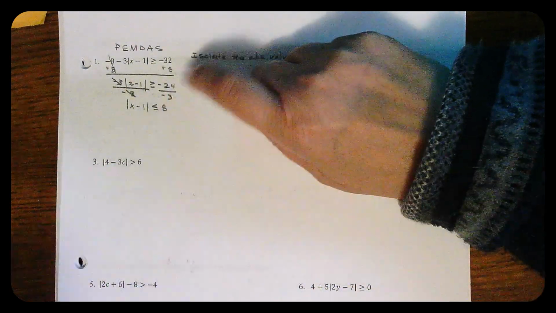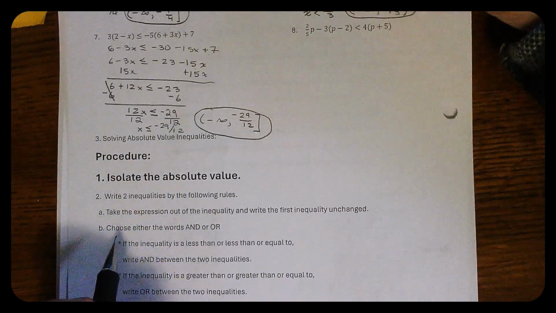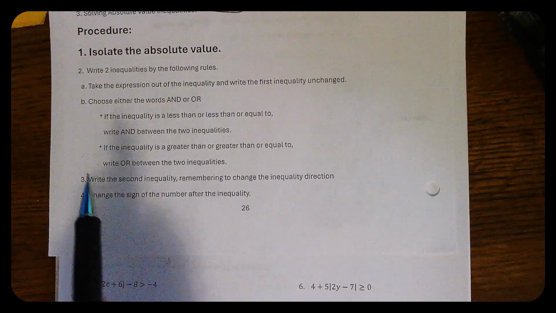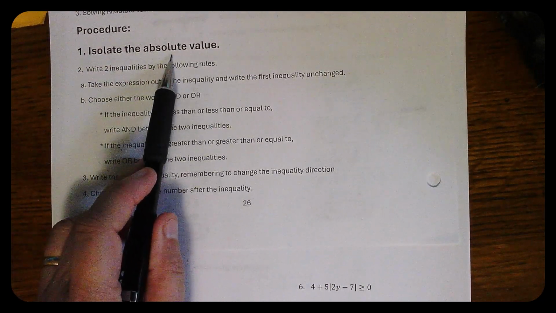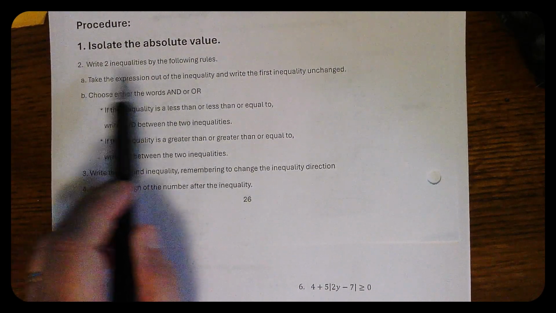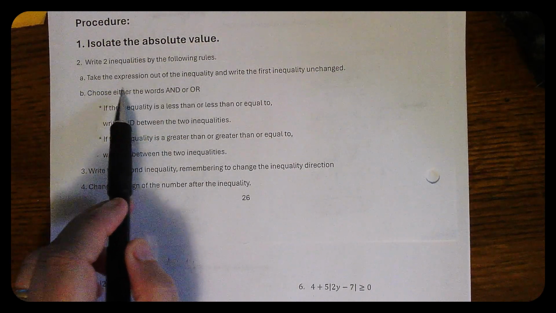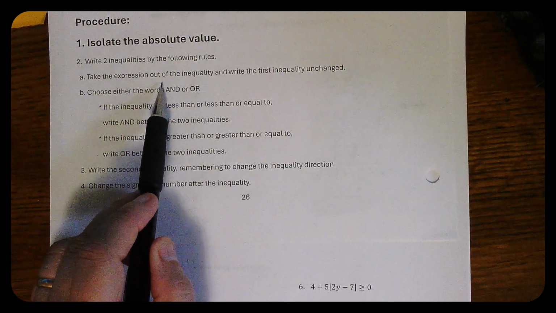Okay, so let me go to the directions here. The procedure, isolate the absolute value. Okay, now just like with equations, you're going to write two inequalities, but the rules are a little bit more involved.